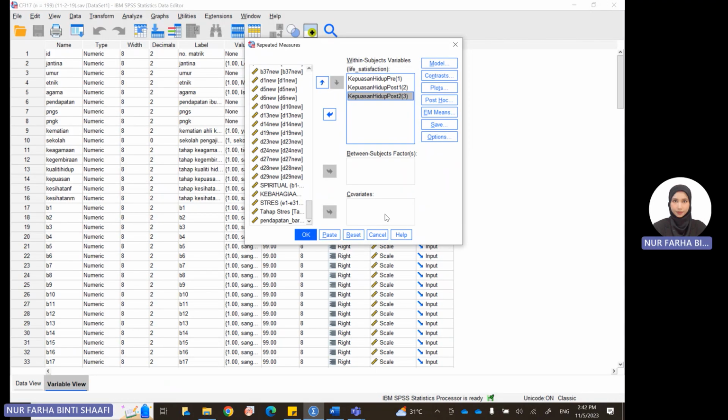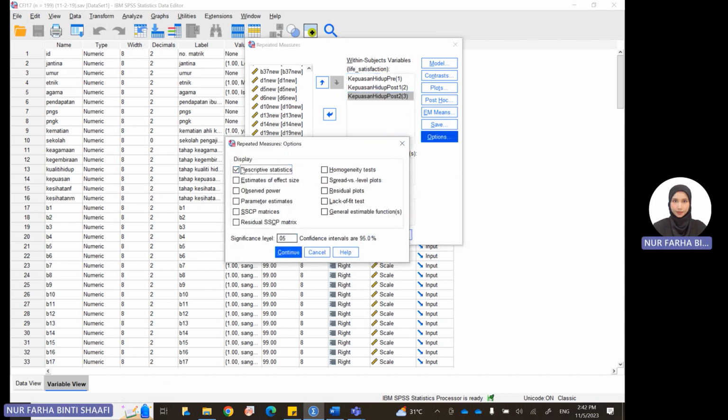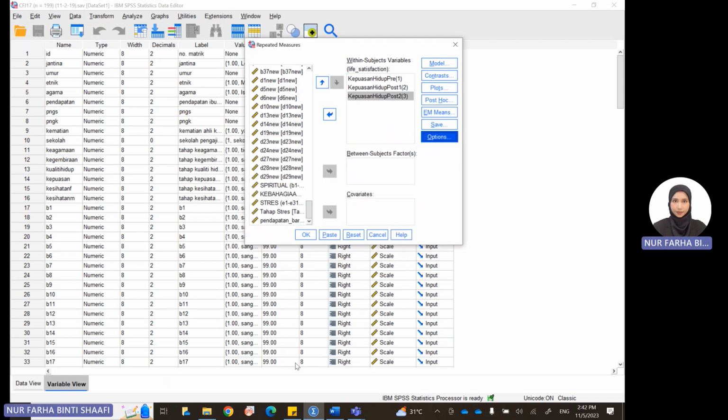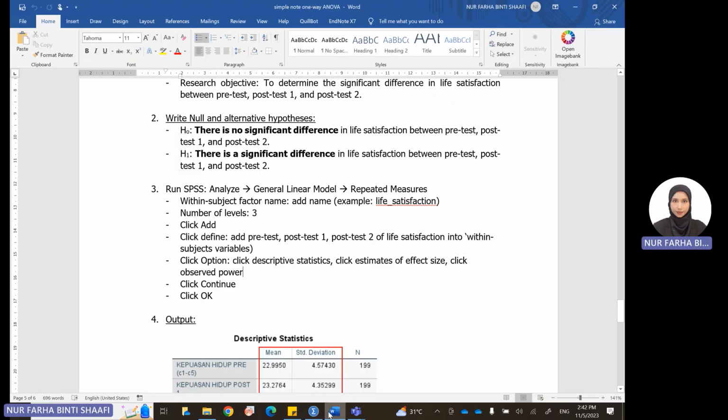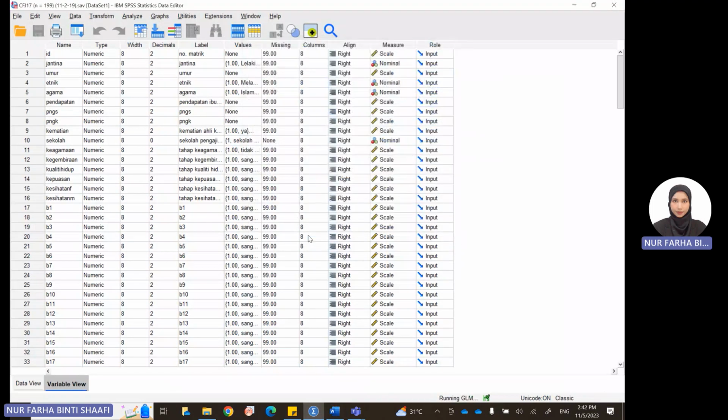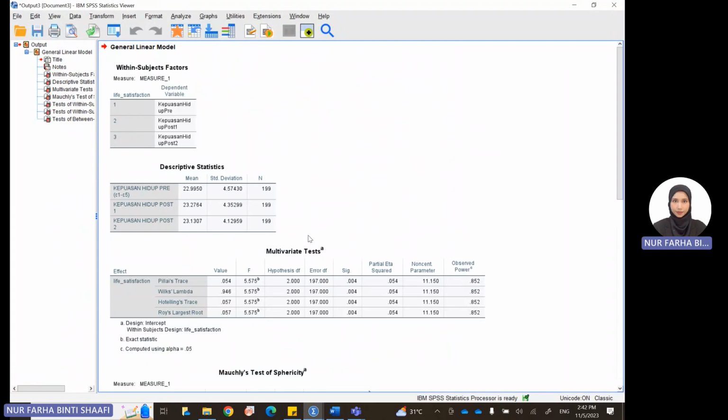So option: descriptive statistic, estimate effect size, and observed power. These 3. Settle. Continue. After you continue, you click OK. This is the last step. Wait for the output. All right.